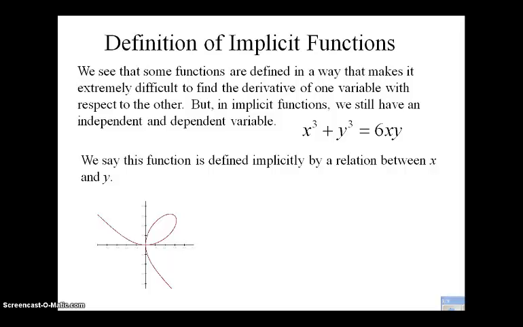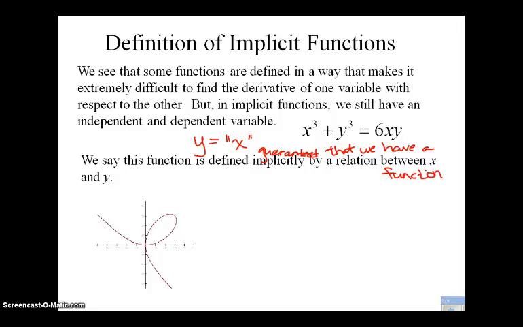Now, let's go back to explicit. With explicit, when I have y given as some manipulation on x, I'm guaranteed, in the functions we work with anyway, in elementary functions, that we have a function.